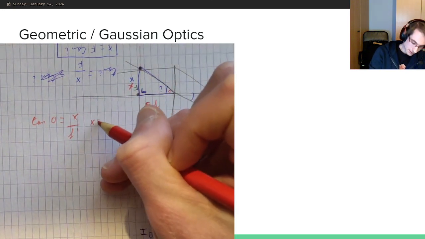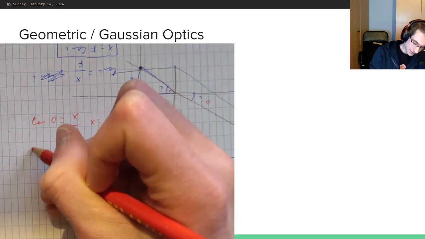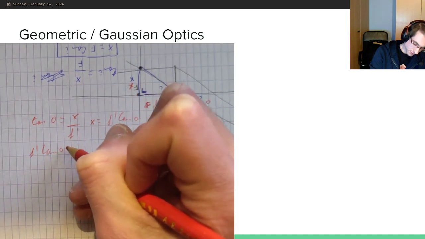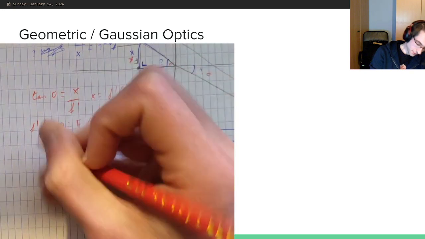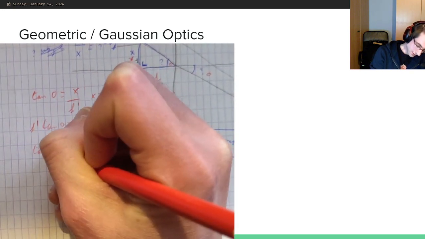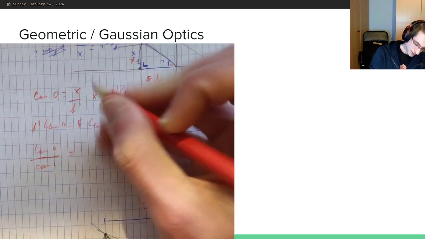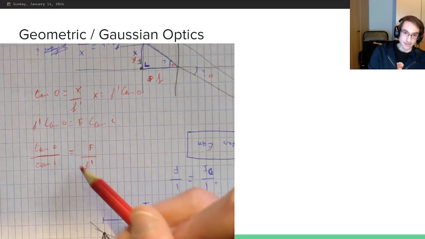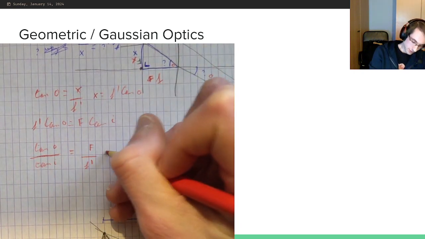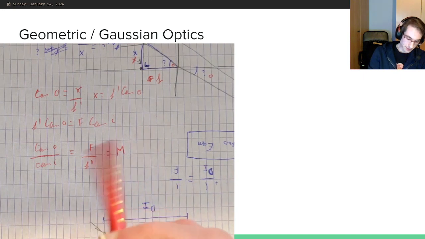So x is now equal to f prime times the tangent of O. That means that f prime tangent of O is equal to f tangent of I. And then the ratio of these tangents, so tangent O divided by tangent I, is equal to f over f prime. And this is the ratio of the focal lengths. And this, as you know, or might know, is the magnification of the telescope combined with the eyepiece. And that's where it comes from.